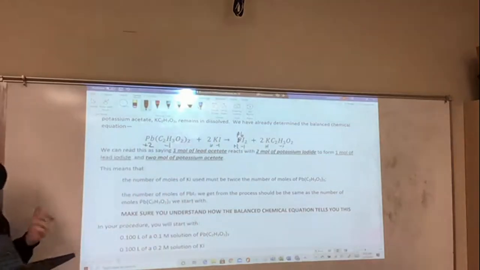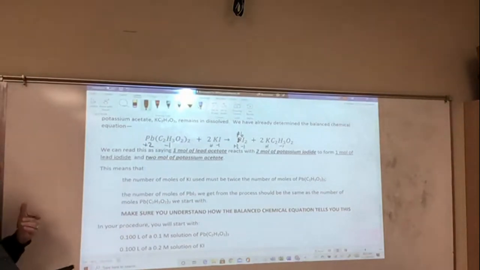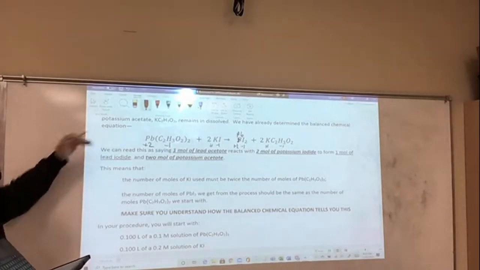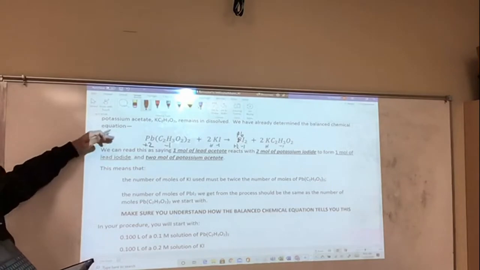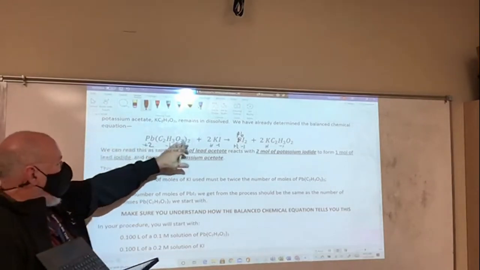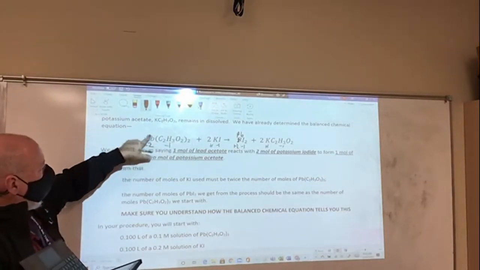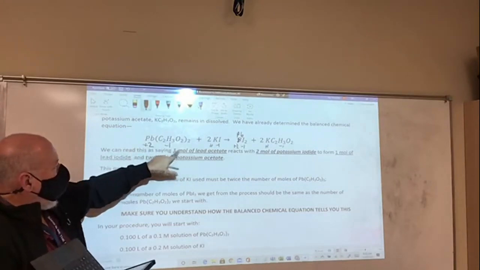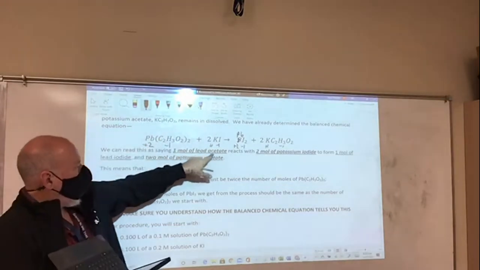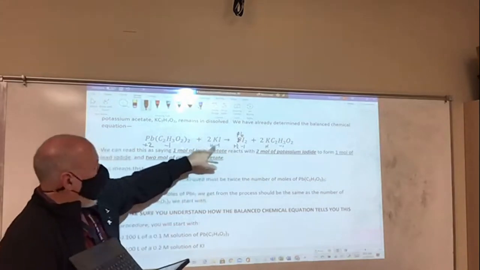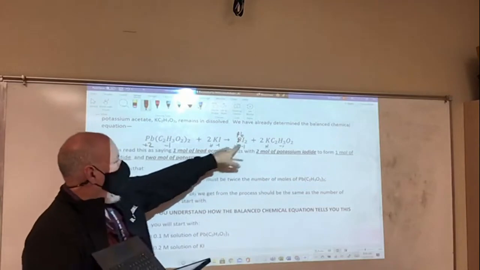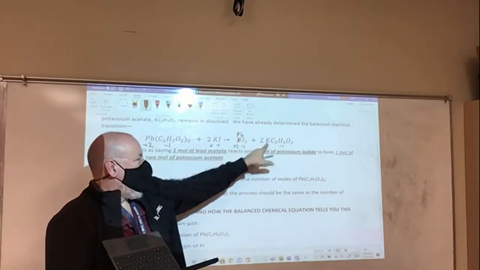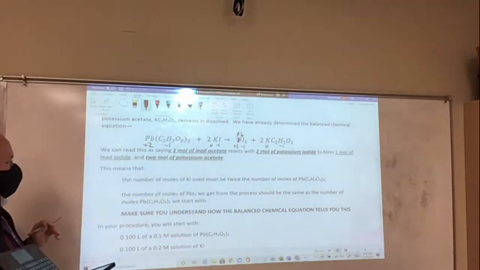For those of you that aren't familiar with balancing chemical equations at all, we'll get to that eventually here in the not too distant future. But for now, just try to understand the idea here that we can read this as saying 1 mole of lead acetate reacts with 2 moles of potassium iodide to form 1 mole of lead iodide and 2 moles of potassium acetate.